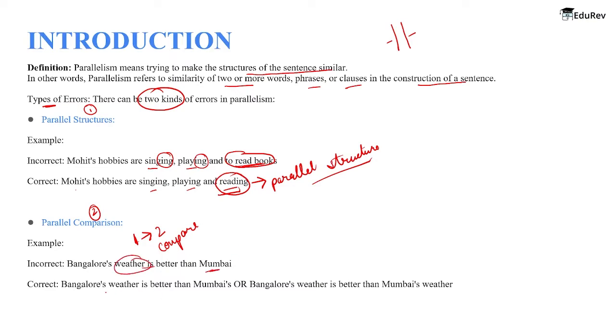So the correct statement would be, Bangalore's weather is better than Mumbai's, not Mumbai. Or Bangalore's weather is better than Mumbai's weather. So these are the correct statements. So what does parallel mean? That we have to bring these sentences into a similar structure.